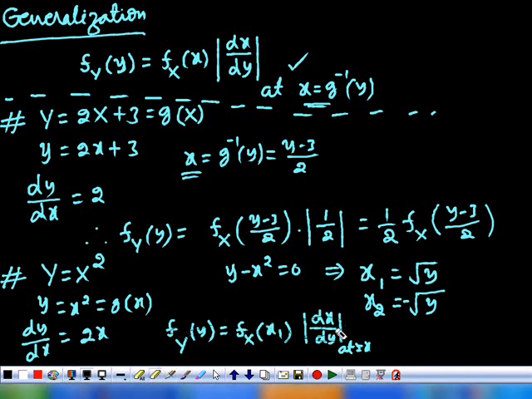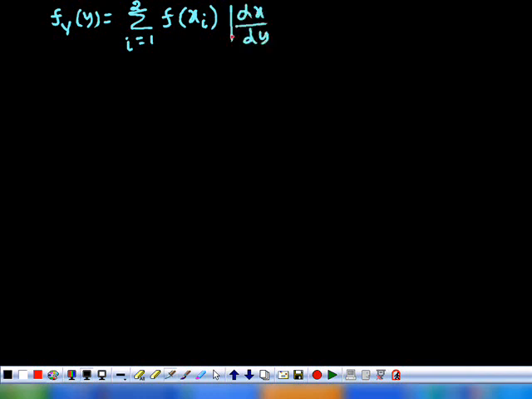I do one thing, I write on another slide. That is, we can write fY(y) as the sum over i equal to 1 to 2 of fX(xi) |dx/dy| at x = xi.